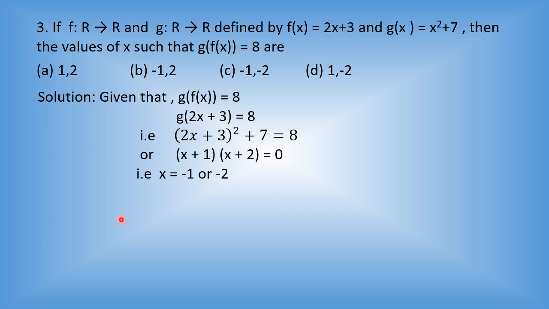So you will get the factors x plus 1 into x plus 2 equal to 0. These two are the factors. A into B is equal to 0 implies either A is equal to 0 or B equal to 0. Using that concept, the values are x is equal to minus 1 or x is equal to minus 2. Therefore, the option is C here.